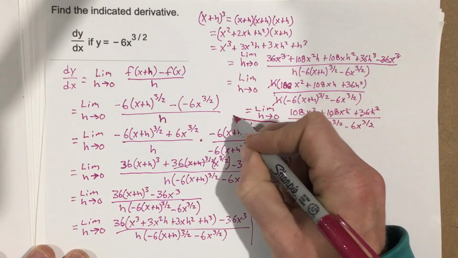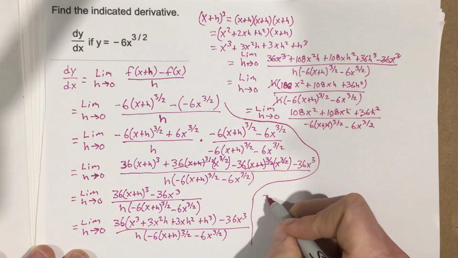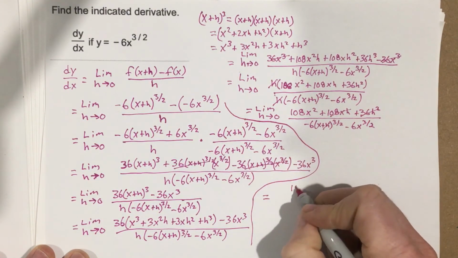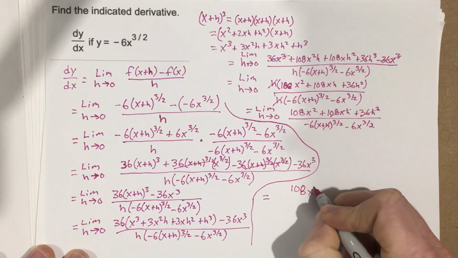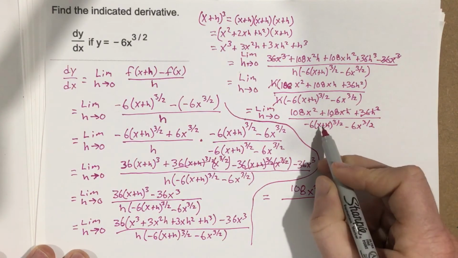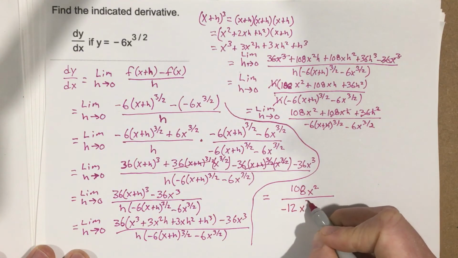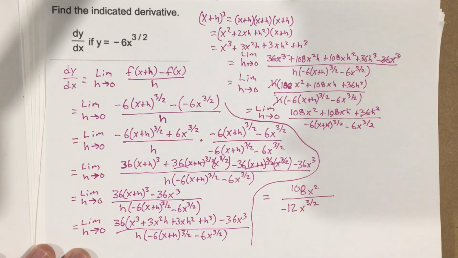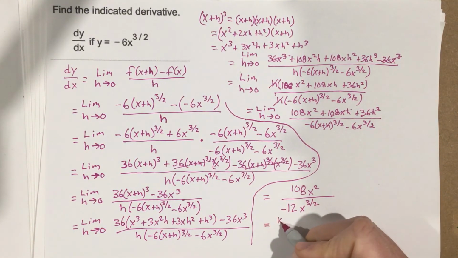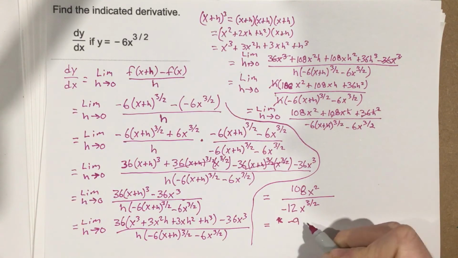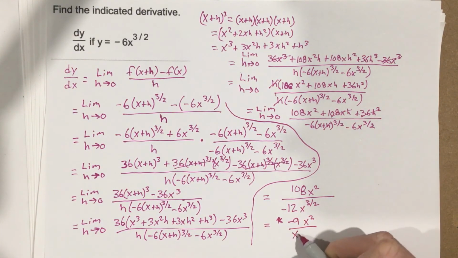What I end up with is 108 x squared over, I combine those together, that's going to give you negative 12 x to the 3 halves. 108 divided by negative 12 is negative 9, so I end up with negative 9 x squared over x to the 3 halves.